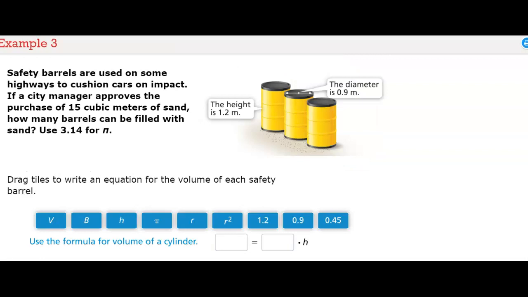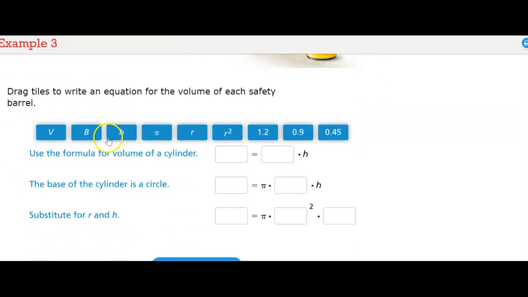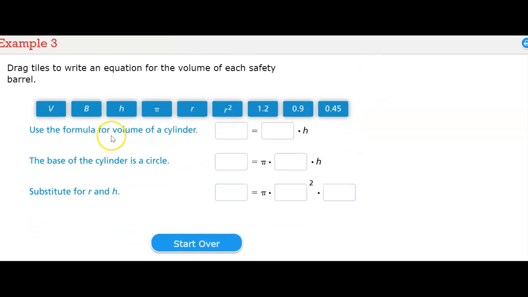Safety barrels are used on some highways to cushion cars on impact. If a city manager approves the purchase of 15 cubic meters of sand, how many barrels can be filled with sand? Use 3.14 for pi. It tells us to drag the tiles to write an equation for the volume of each safety barrel.